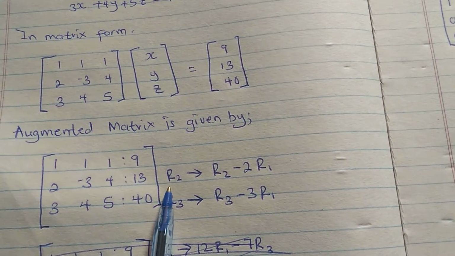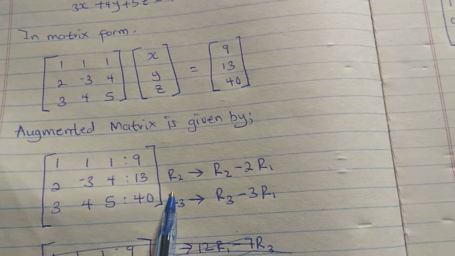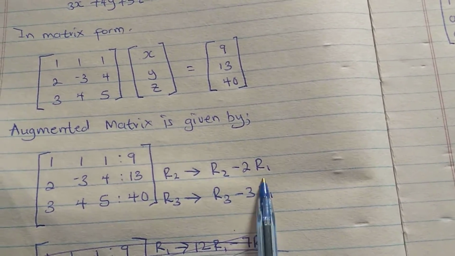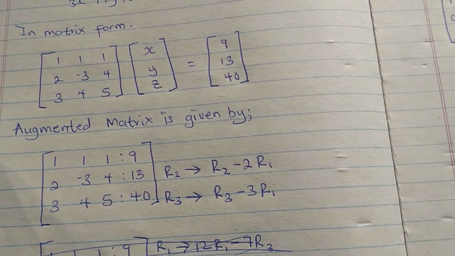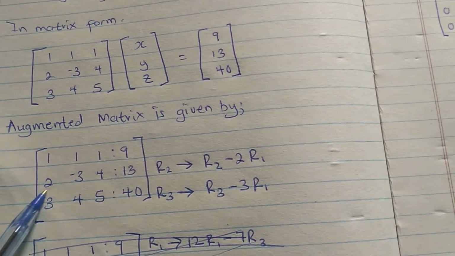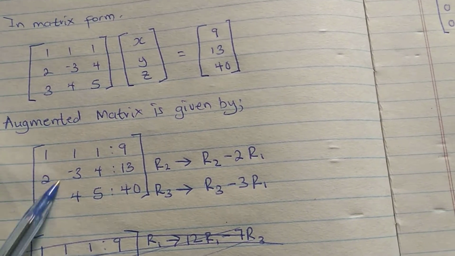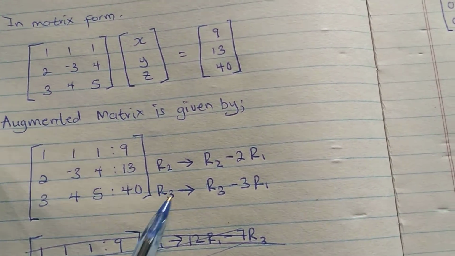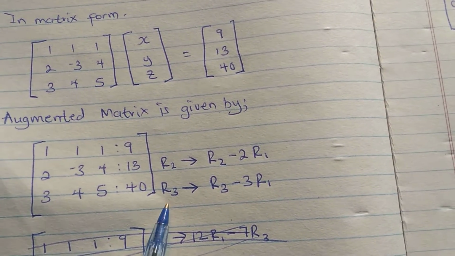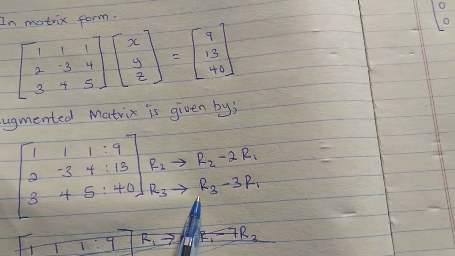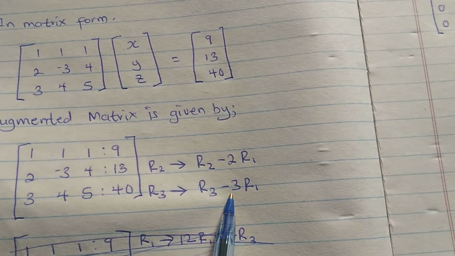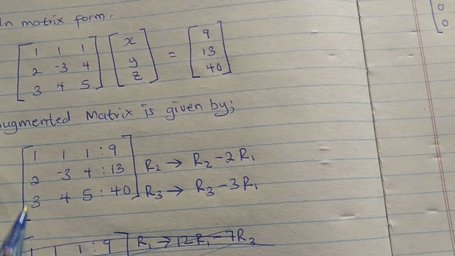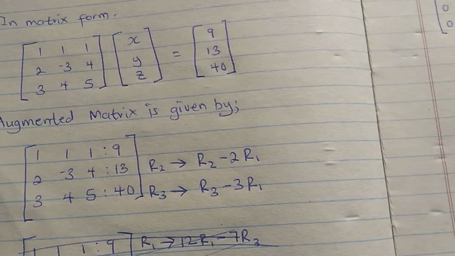Looking at row 2, it is going to be row 2 minus 2 row 1, such that we obtain a 0 in our next step. Then we look at row 3, making row 3 minus 3 row 1, such that we obtain a 0 here.